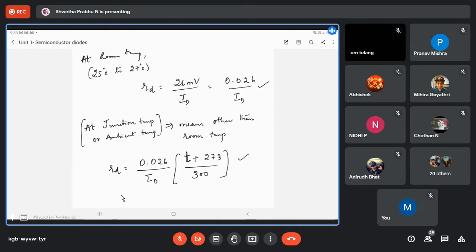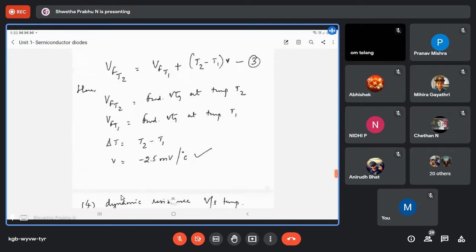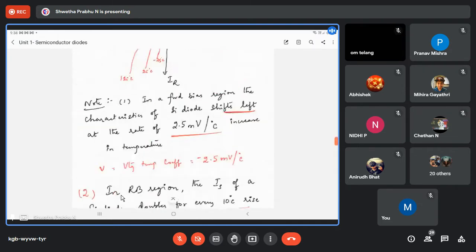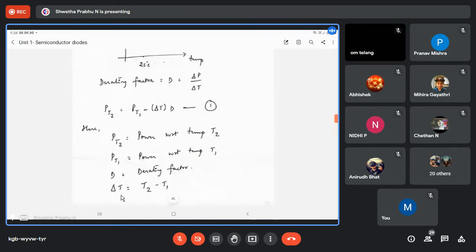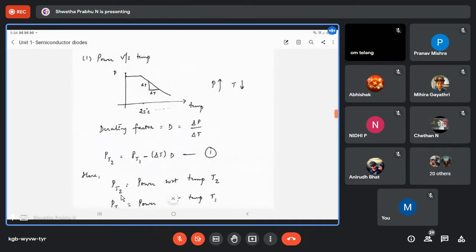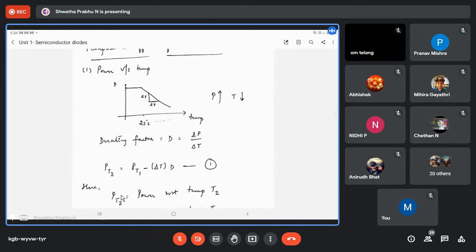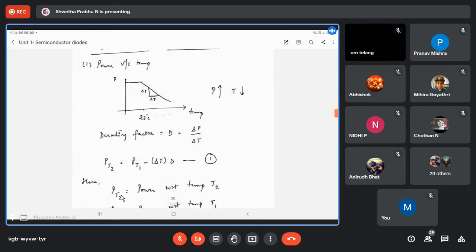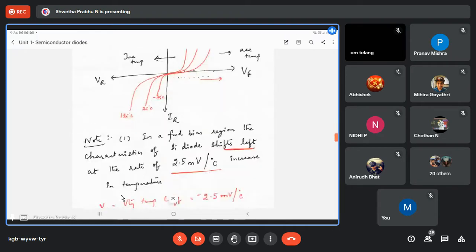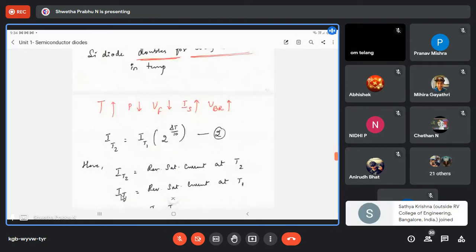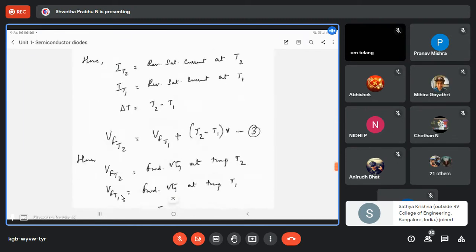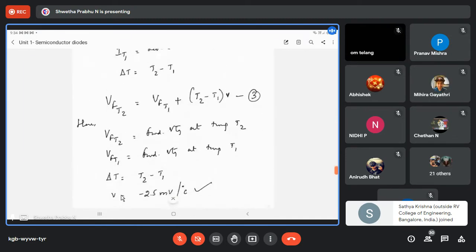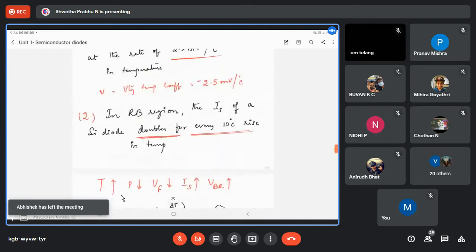Okay, I shall start. In the last class, we started with the temperature effects. We had discussed the temperature effects with respect to semiconductor diodes. Under that, we have power versus temperature, forward voltage versus temperature, reverse saturation current versus temperature, and then the dynamic resistance relations with respect to temperature.